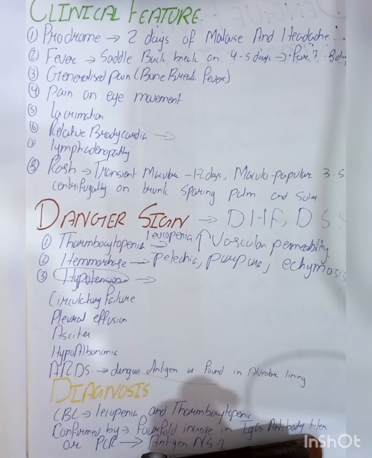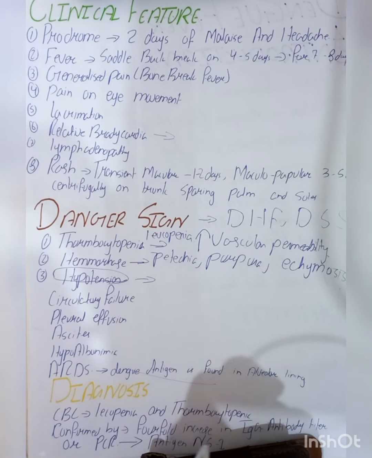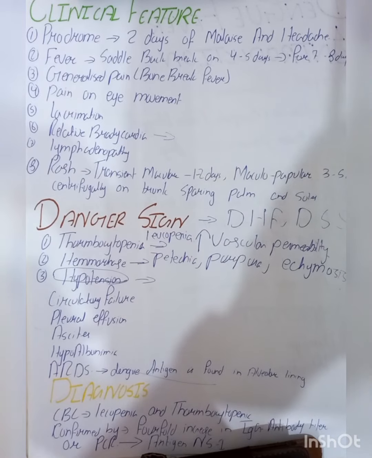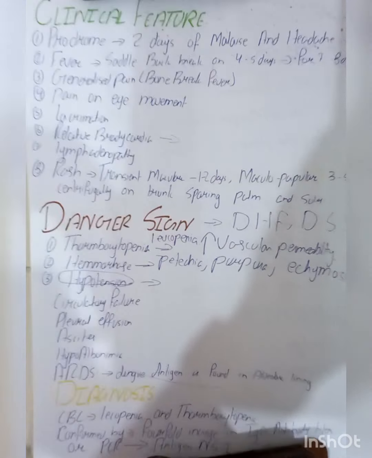The most useful test in the diagnosis of dengue fever is antigen NS1, and if antigen NS1 is not available, we can do PCR, which is also an important confirmatory test, but it is relatively expensive while NS1 is relatively cheap, so antigen NS1 is preferred in Pakistan. So this is the whole diagnosis of dengue fever.